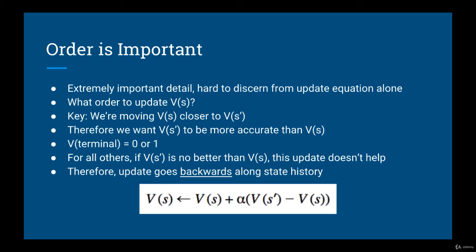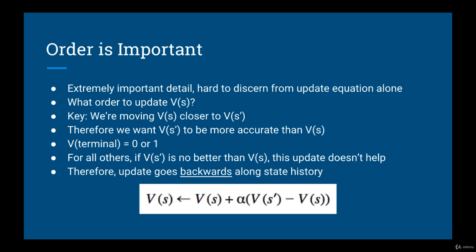That means we're doing this update under the assumption that V of S prime is more accurate than V of S. For the terminal state, this is true, since that's always going to be 0 or 1 and will never change. But if both V of S and V of S prime are of the same accuracy, as in they are both not accurate at all, then making one closer to the other won't make anything better.